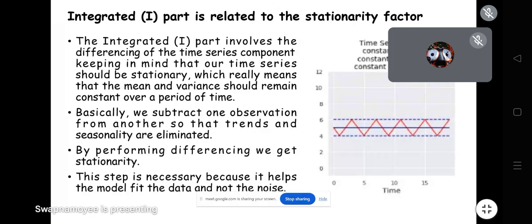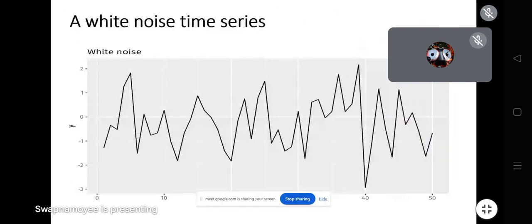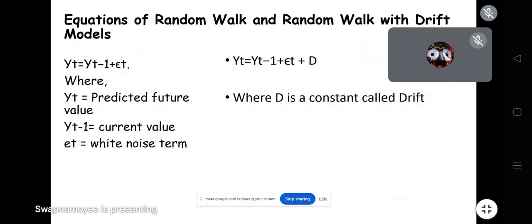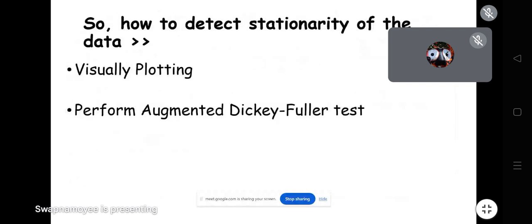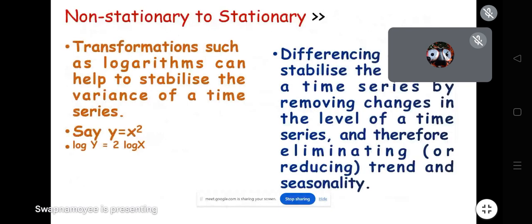You can make your data stationary by transforming, taking a log transformation, or by differencing your data. This is the integration part, the I part of your ARIMA model.